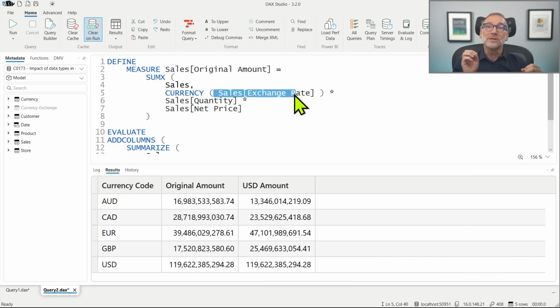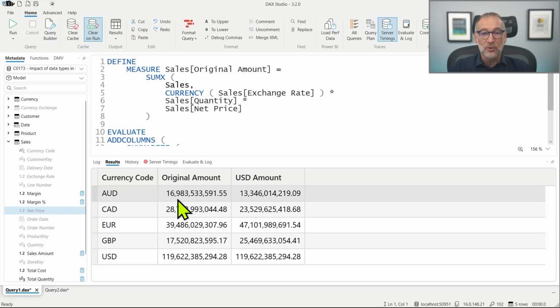And this, of course, is a serious issue, because you produce numbers which are no longer correct.